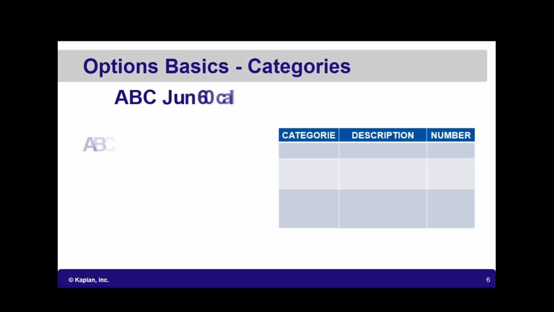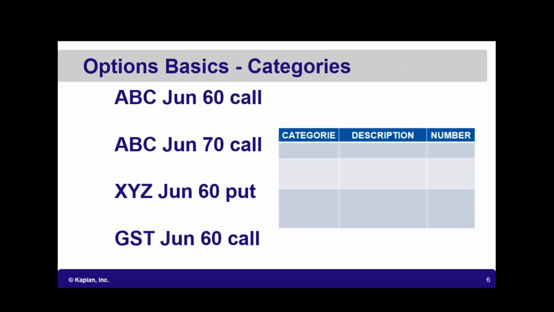Now, if we look at 4 different option contracts, we can categorize them based on the type of option, the class of option, and a series. If we look at the types, there's calls or puts.